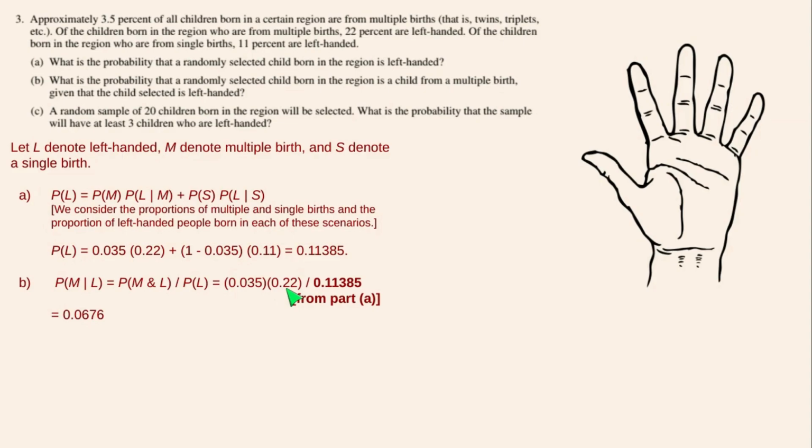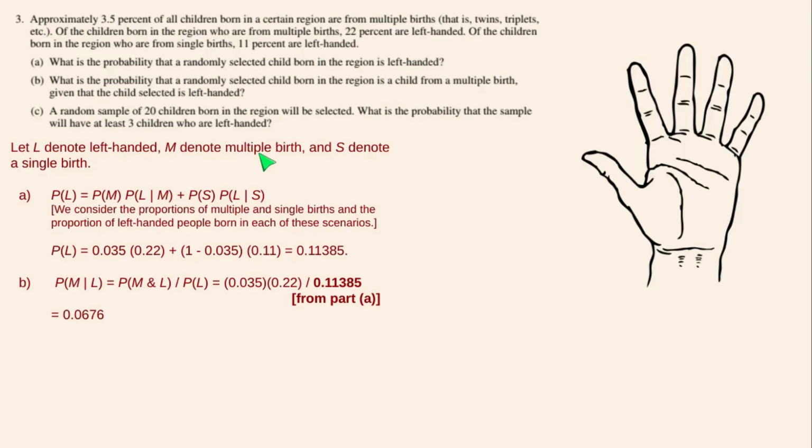All right, 3.5% odds of being in a multiple birth, and of those, 22% are left-handed. Then we divide by the probability of being left-handed, which we found back in part A. That's 11.385%. If you were to do that division, you would get about 6.76%.